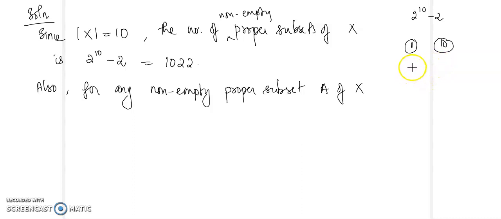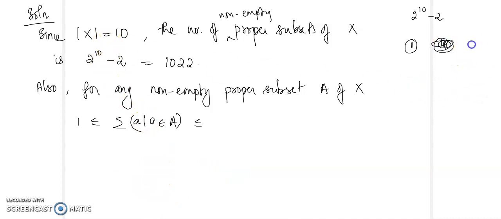Therefore, when you take the sum, you will have 1 less than or equal to the summation of a, such that a belongs to A.